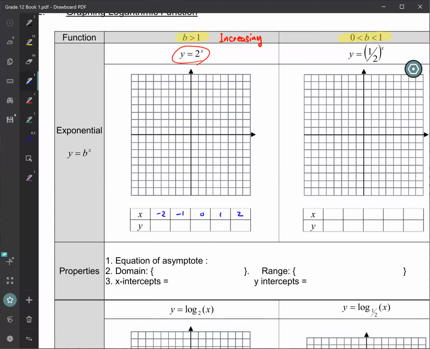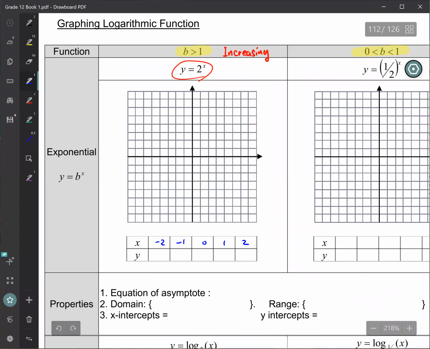Can you fill in the table for y, and then raise your hand when you finish the table.